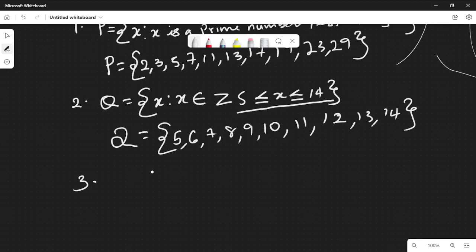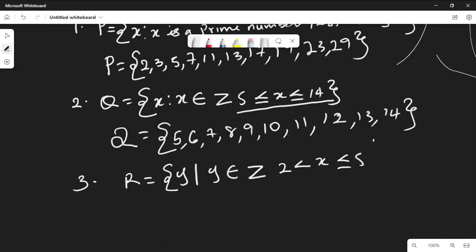The third one in algebraic notation includes a situation whereby we have an element. Let's say I have R that is equal to the set of Y such that Y belongs to the set of integers, 2 less than Y less than or equal to 5.